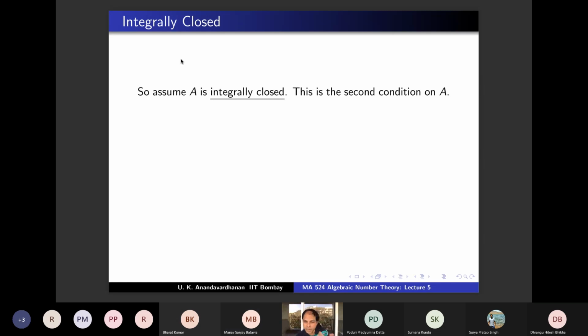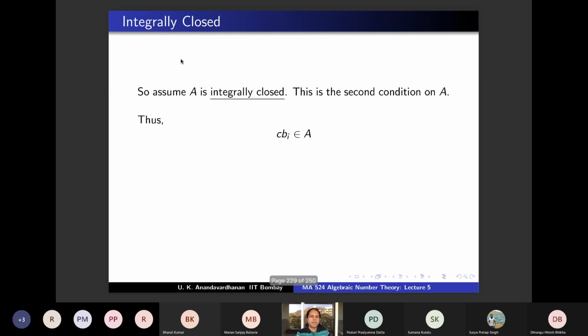Suppose you have a ring, meaning integral domain, commutative with 1, which is Noetherian and integrally closed, contained in some L. Take its integral closure in L. Then the integral closure is finitely generated as an A module. That is the result.